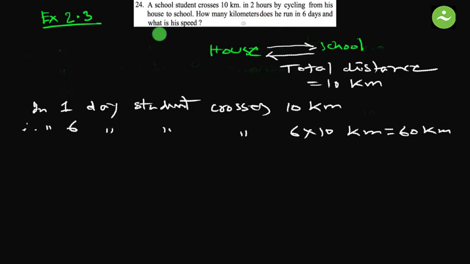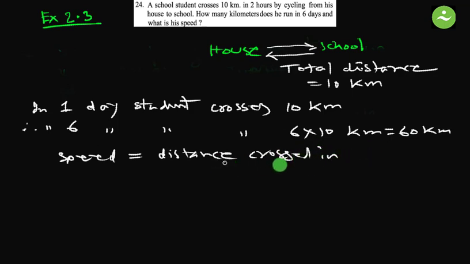And the question is asking what is his speed? Speed means distance crossed in 1 hour. Distance crossed in 1 hour.